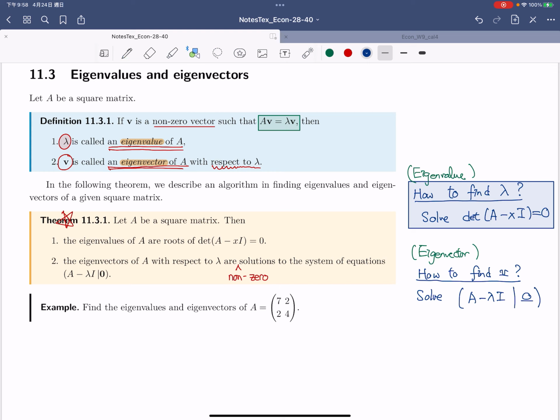So we need to solve a linear system. So this is very important. How do you find eigenvalue and eigenvector? Eigenvalues come from the roots of a polynomial equation, the determinant of A minus xI. And the eigenvector is found by solving a linear system by Gaussian elimination.